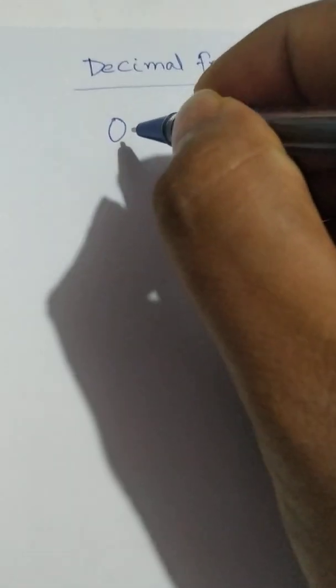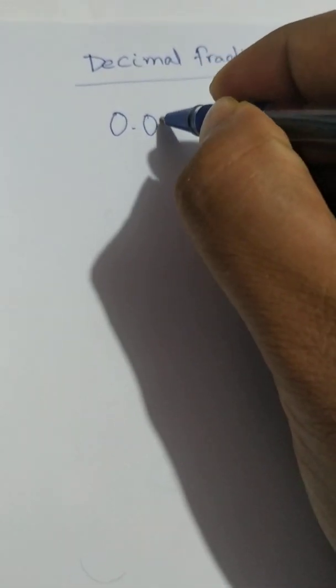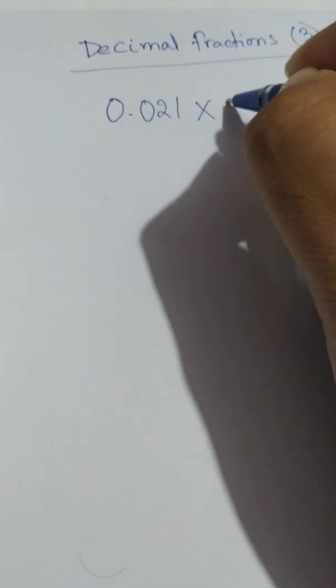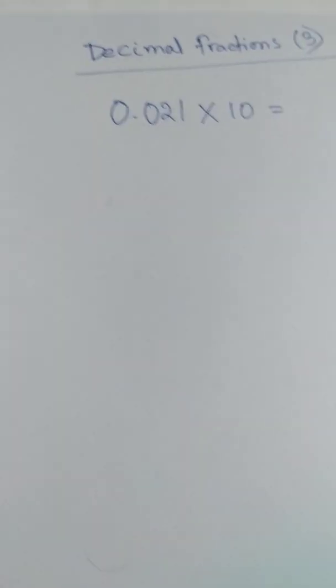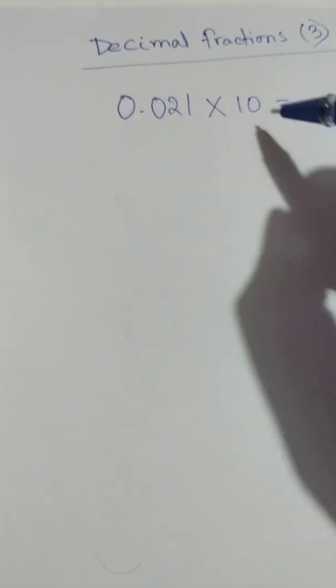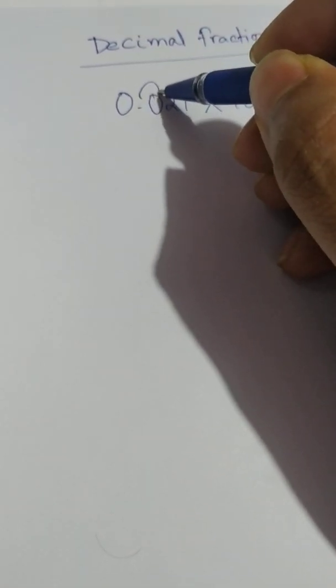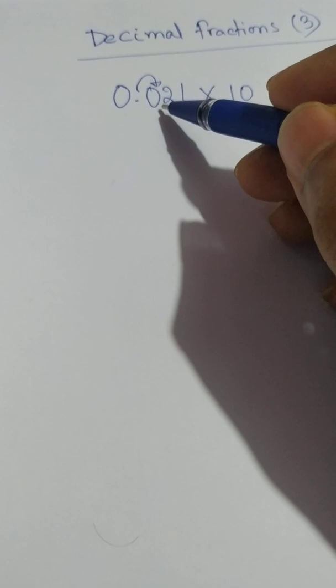Let's say 0.021 into 10. I already mentioned in my previous video that when we multiply with 10, the decimal goes one step ahead, right? So the decimal comes over here.